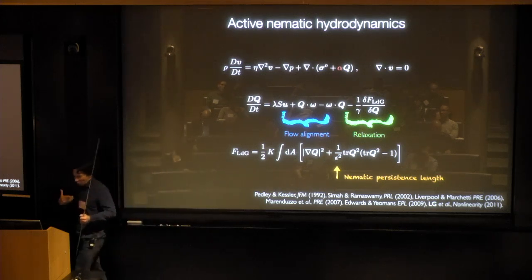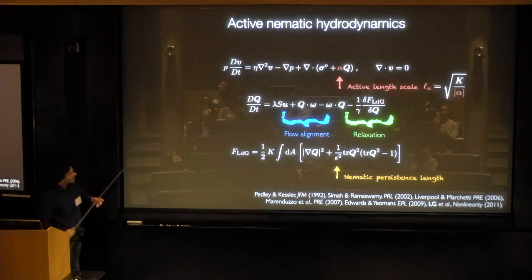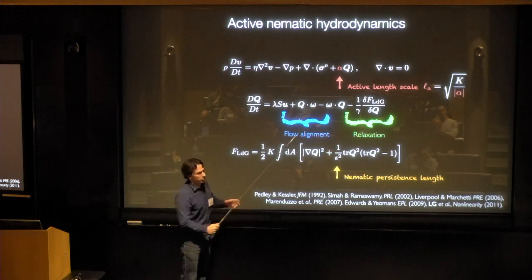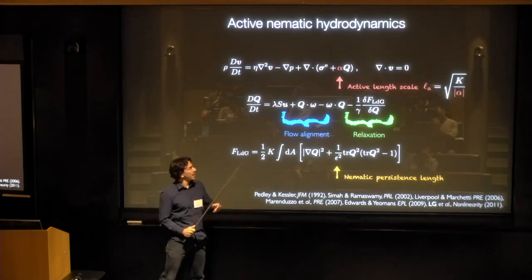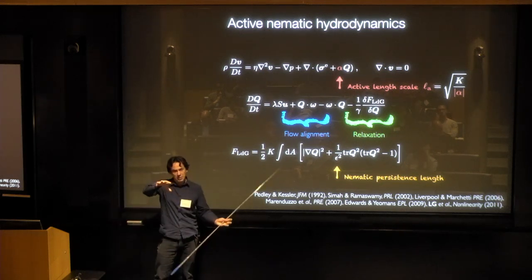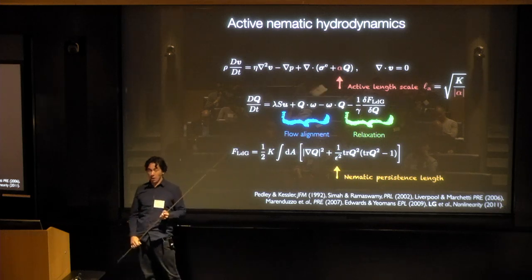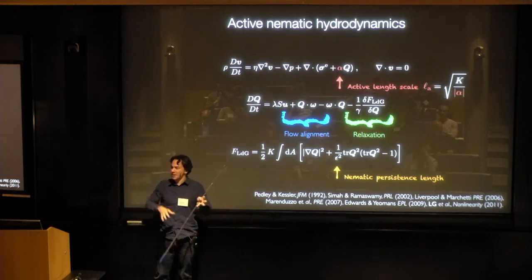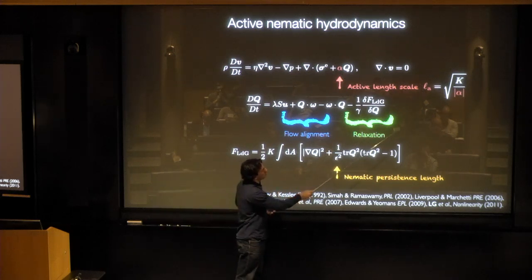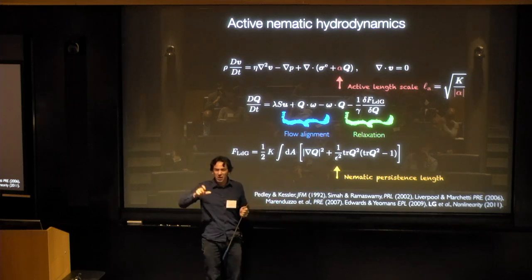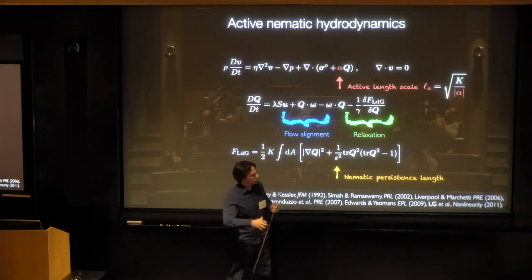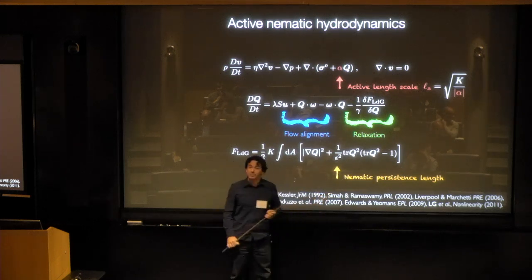But then there is another length scale, which is more important, that comes from the balance between the active torques exerted by this term that try to distort the system, and the elastic torques, which are coming from the free energy, which instead tries to restore a uniformly aligned configuration. So there are these two effects that somehow compromise each other at a distance, which is given by this quantity L_A, and is proportional to the square root of K, which is the orientational stiffness of this nematic phase, how much torque you have to exert in order to rotate the director field, divided by alpha.